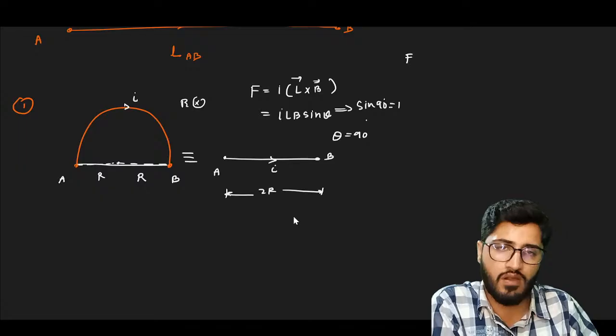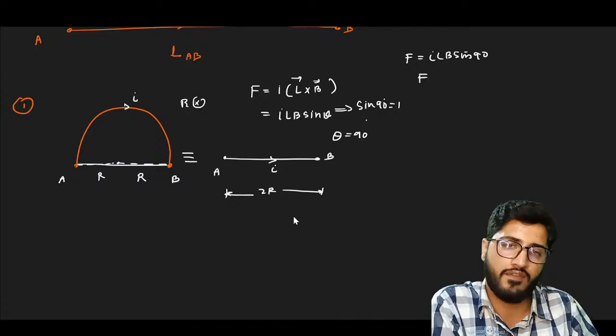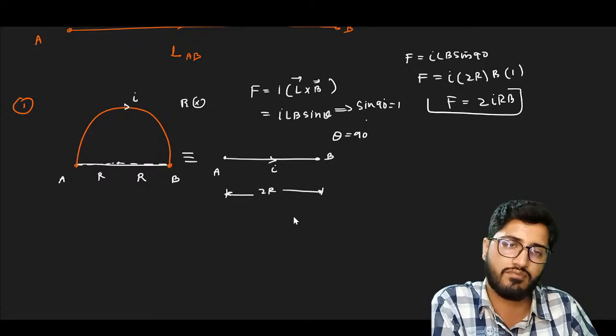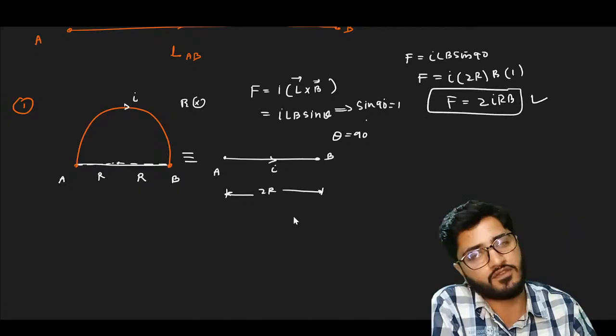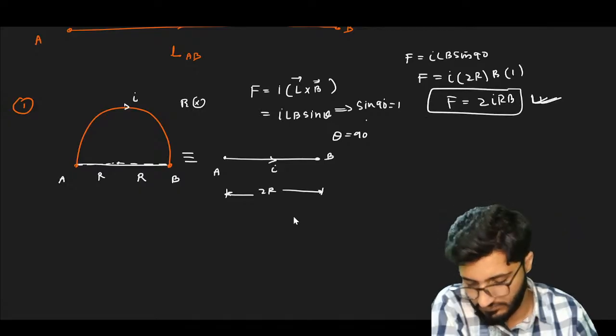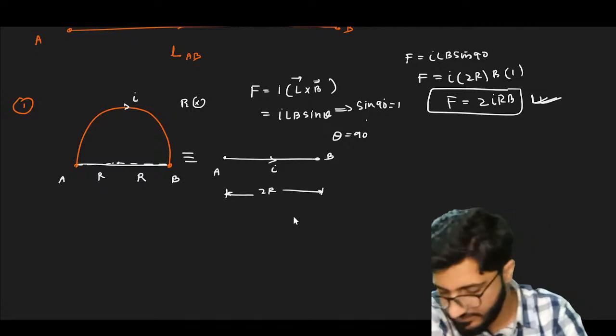So F equals I L B sin 90, where L is 2R, B is B, and sin 90 is 1. So F came out to be 2IRB. This is the value.